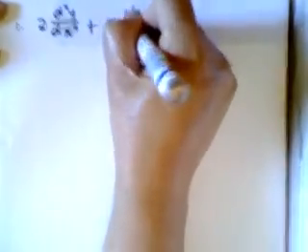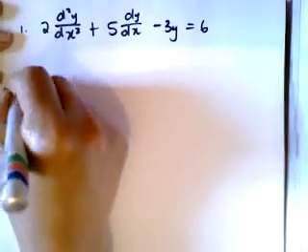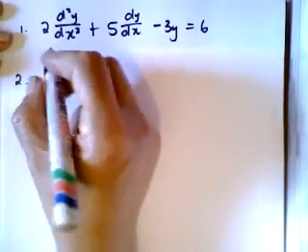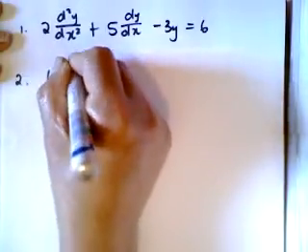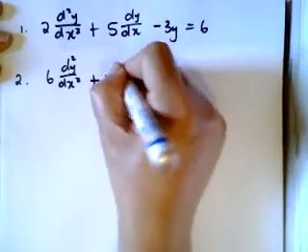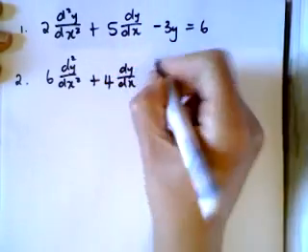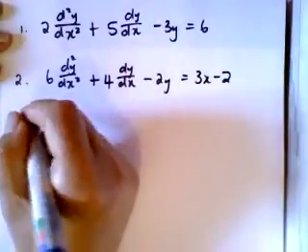Let's do the first one, 2 d²y/dx² ... x equals 6. Second one, dy/dx - 2y = 3x - 2.